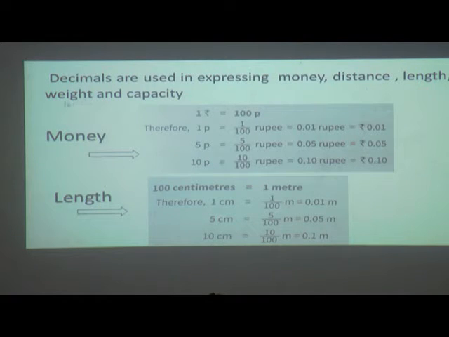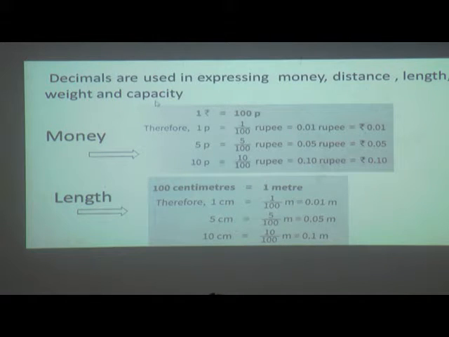Weight of anything that we weigh: we use it daily in our vegetable market, we are using a weighing machine and we find 2 kg of tomato or 500 grams of sugar, so we are using weight.